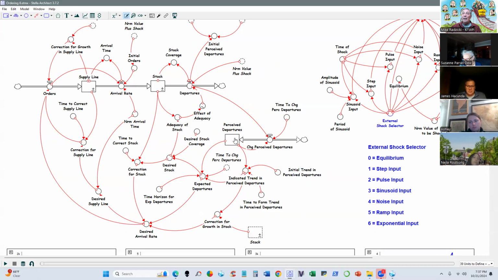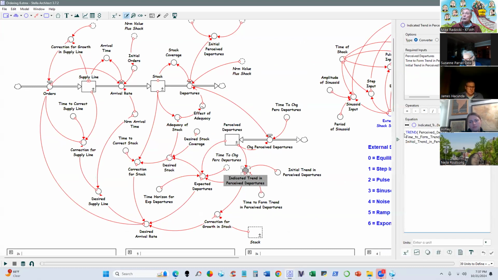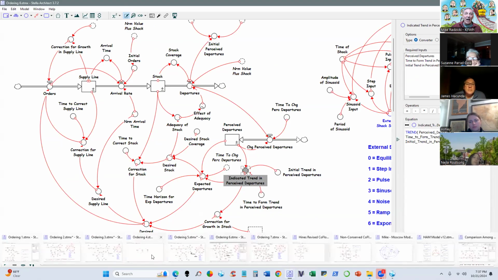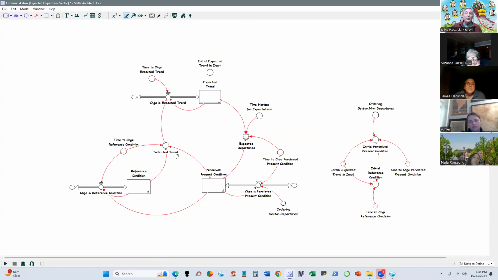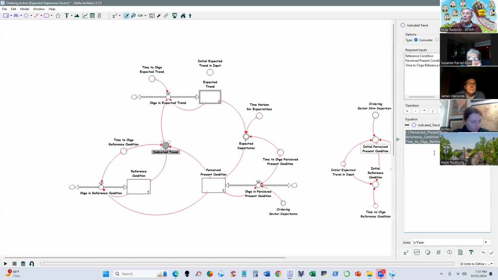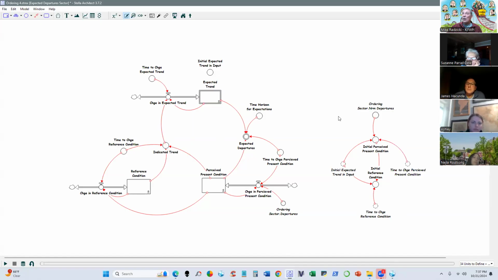So now we have the perception of the departures. That's the same. But now we have a trend. I wanted to show you guys this. We have a trend function in Stella and in Vensim. So rather than computing the trend here and forming a perception, the trend is computed this way here.